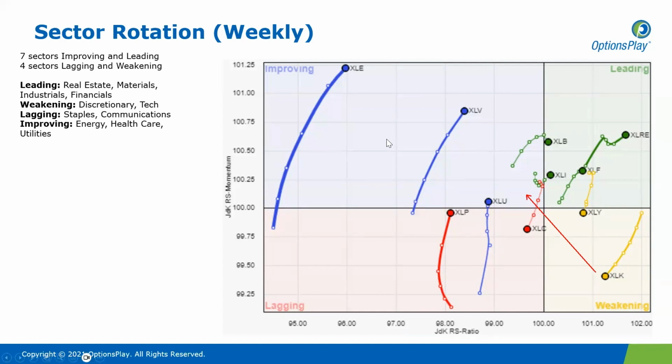Now, if we take a look at the improving category, we have energy, healthcare, utilities, but we also have staples here in the lagging category about to rotate into the improving category. So what's quite interesting is healthcare, utilities, and staples, our defensive sectors, all showing a significant improvement in terms of relative momentum against the broader market.